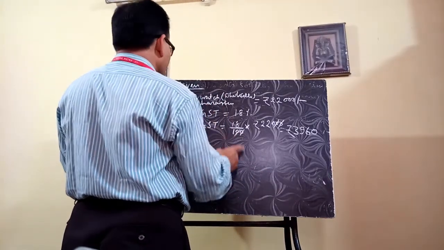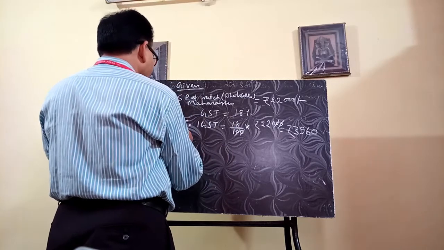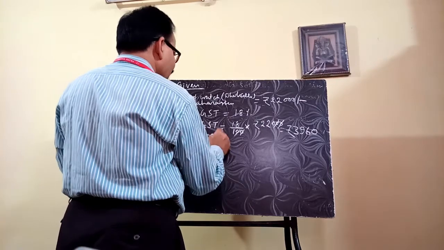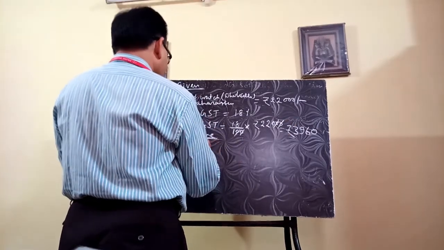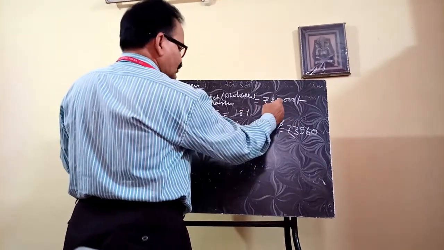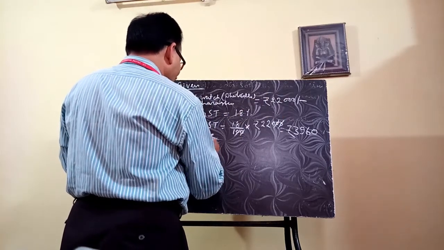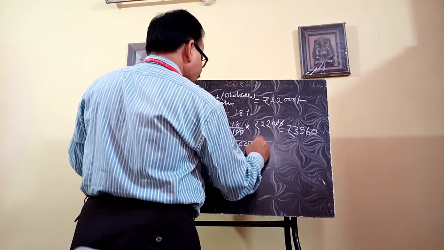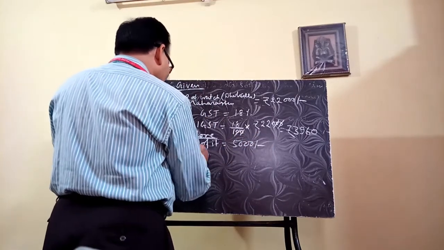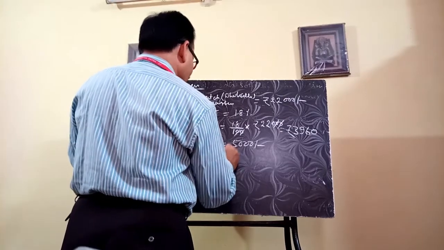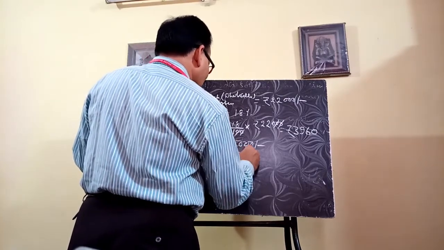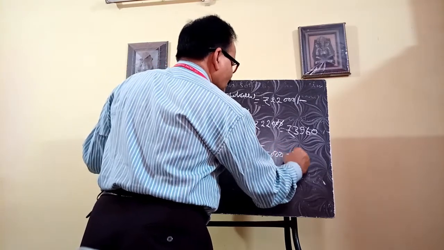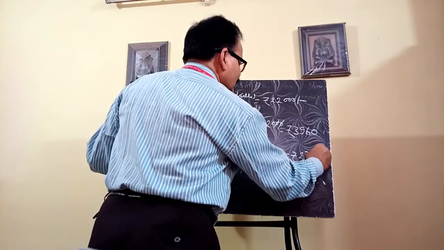So now you have got it. For the Indore dealer, the CP is 22,000. Profit is rupees 5,000. So therefore SP will be rupees 22,000 plus 5,000, that is rupees 27,000.